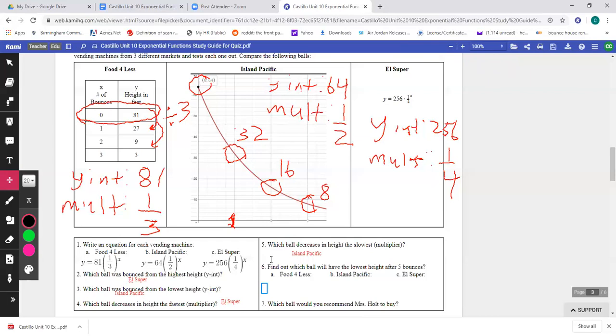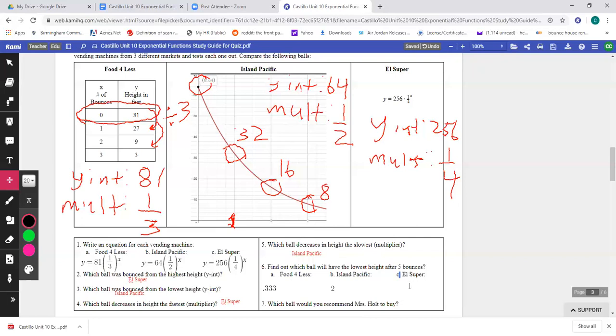I'm putting in 5 for x. So this is going to be 0.333. Island Pacific is going to be 64 times 1/2 to the 5th power. And so this is going to be 2.